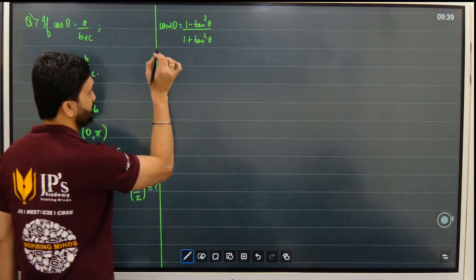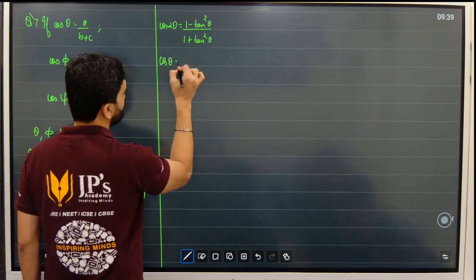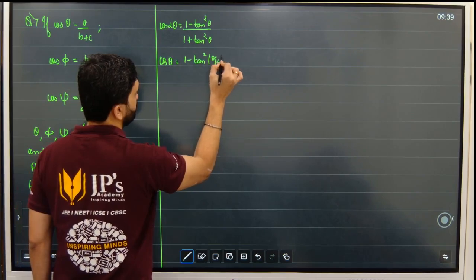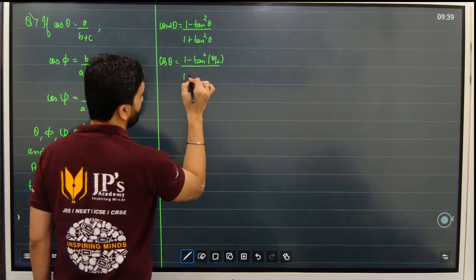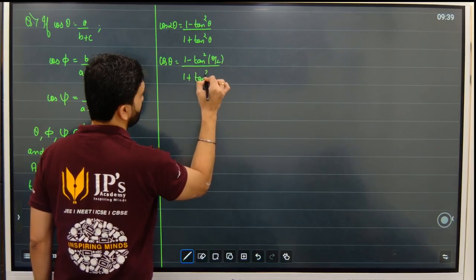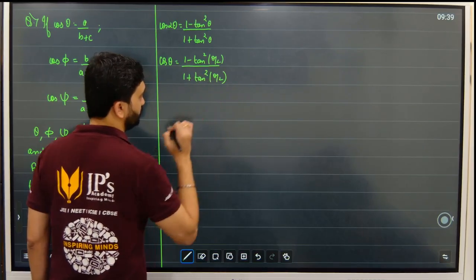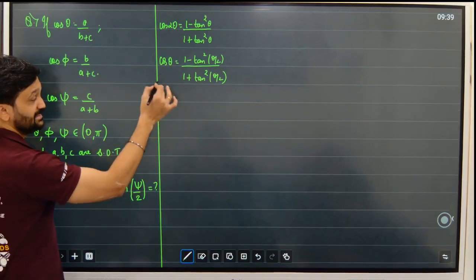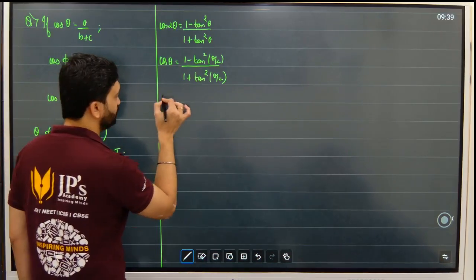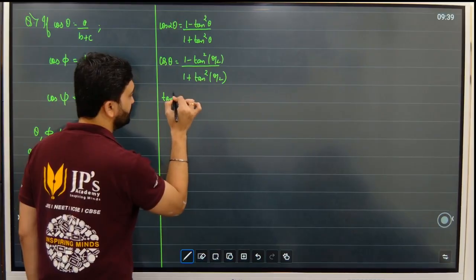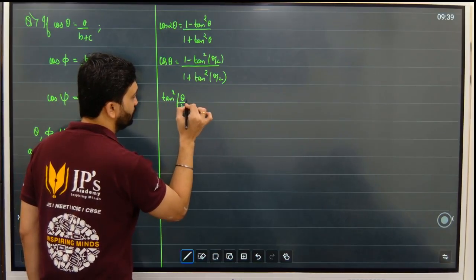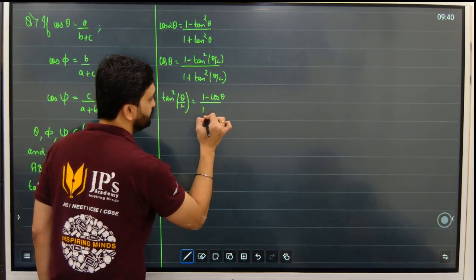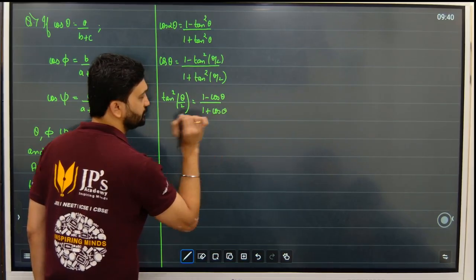In other words, I can also write it as cos theta is 1 minus tan square theta by 2 upon 1 plus tan square theta by 2. I will take the LCM. As soon as I took the LCM, I get tan square theta by 2. So see, it's a simple thing, therefore tan square theta by 2 will become 1 minus cos theta upon 1 plus cos theta.